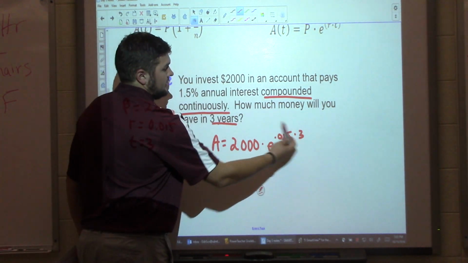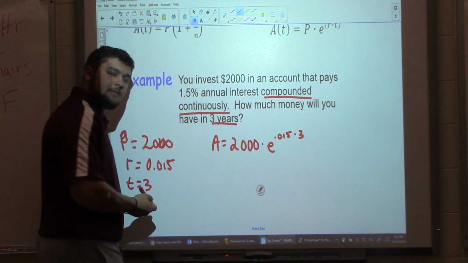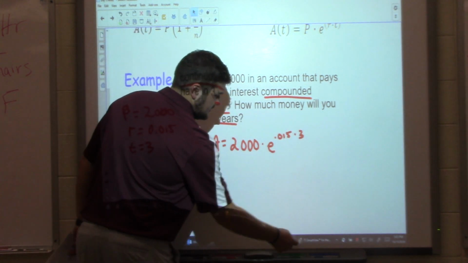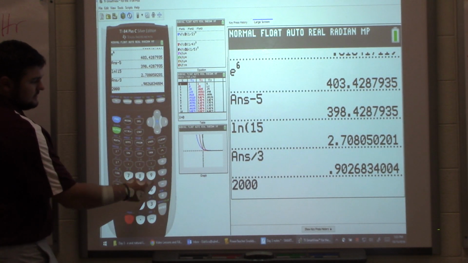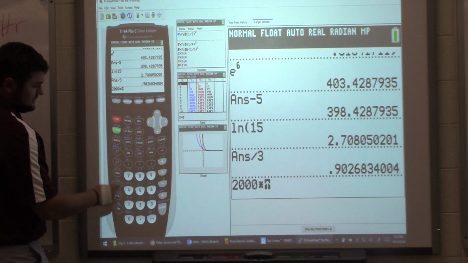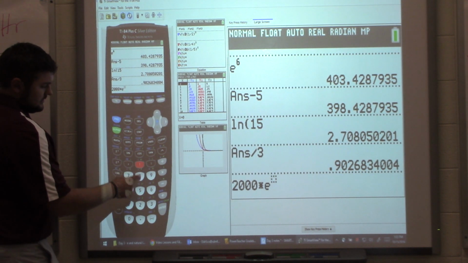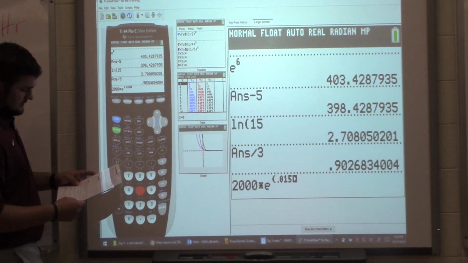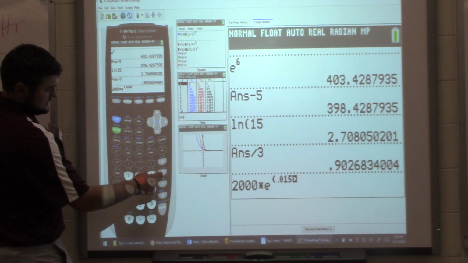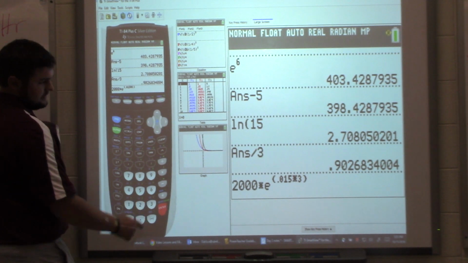And I can plug this whole thing into my calculator right away. So I go to it, 2,000 times e to the 0.015 power times 3, equals.